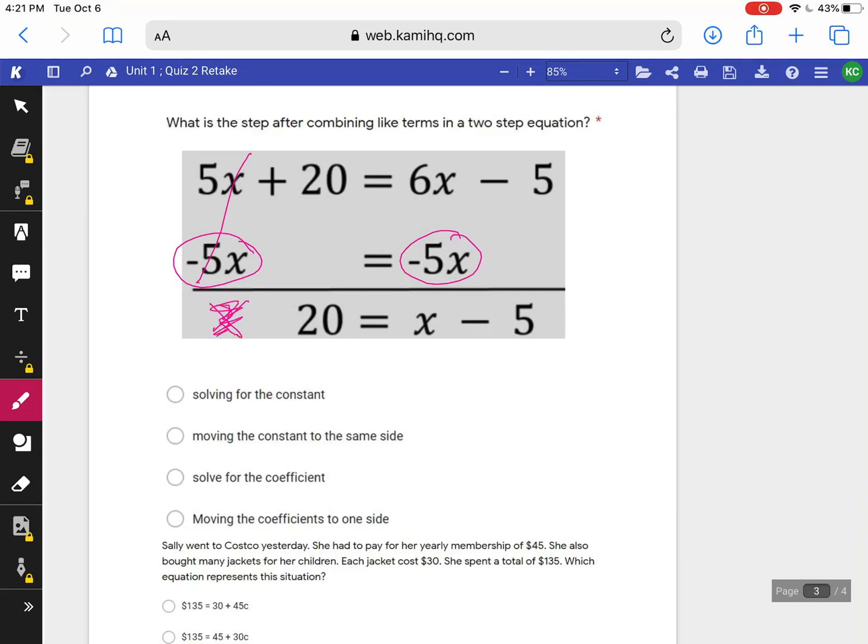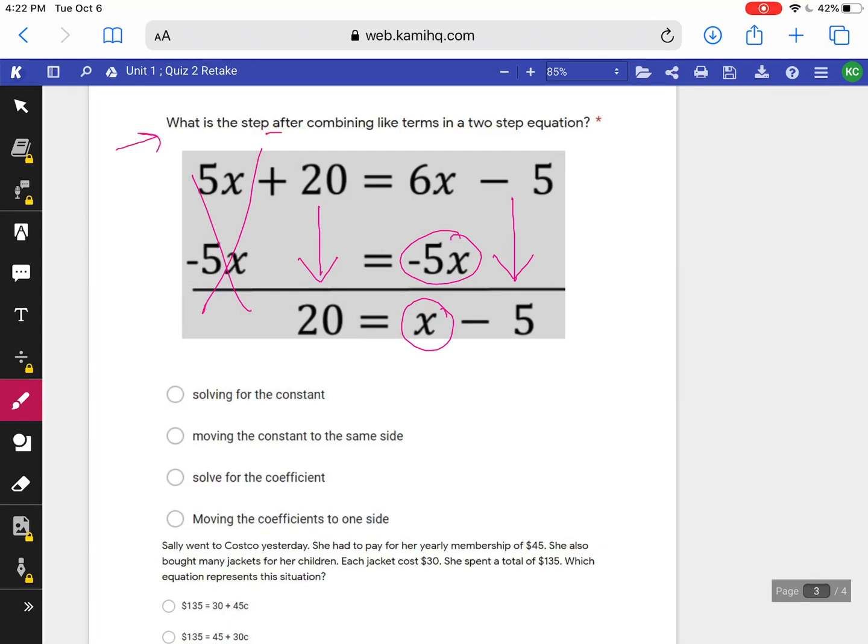There's no more x on the left. X is gone. Okay, so that's gone. We bring down that 20 on the left. 6x minus 5x leaves me with x, and I have this -5 that I bring down.